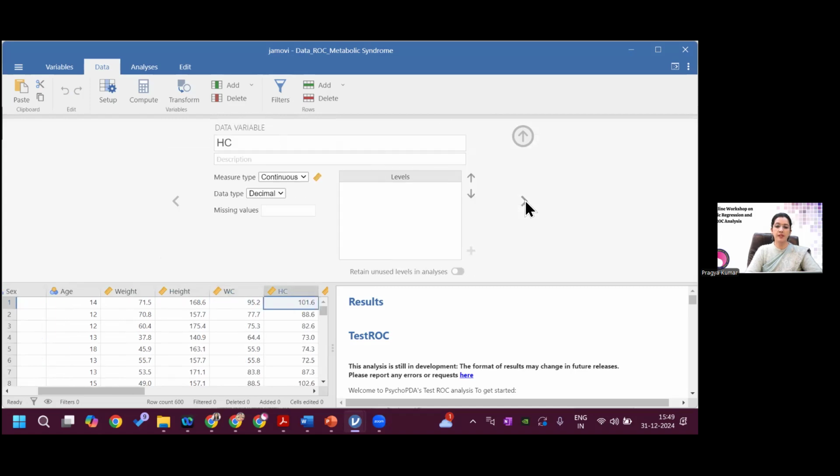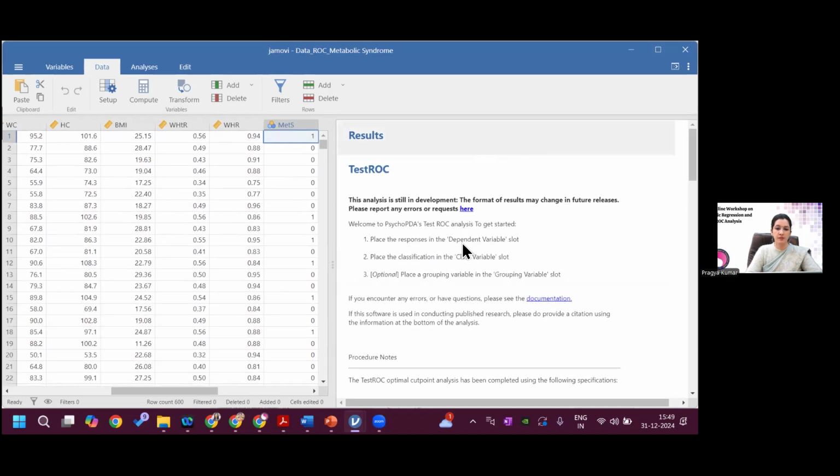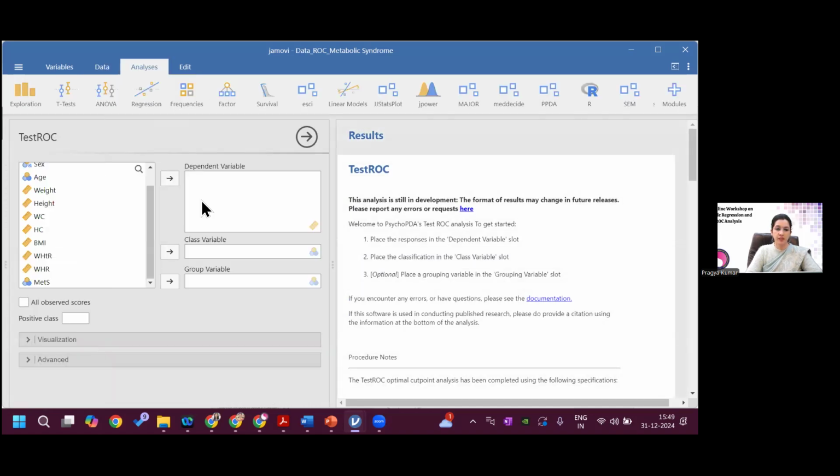Waist circumference, hip circumference, BMI, waist hip ratio, waist height ratio, and presence or absence of this metabolic syndrome, 0 and 1. So this is my data. My dependent variable, this MetS, is my class variable. Why? Because this is the variable, the test status or the disease status using the gold standard.